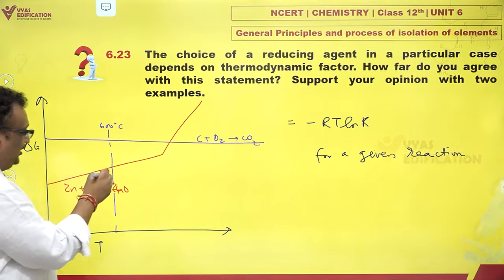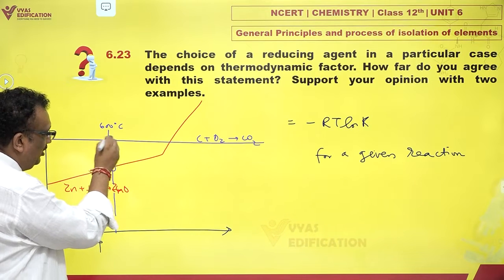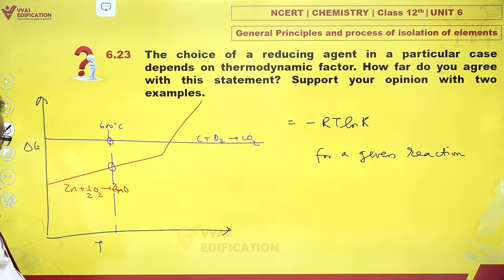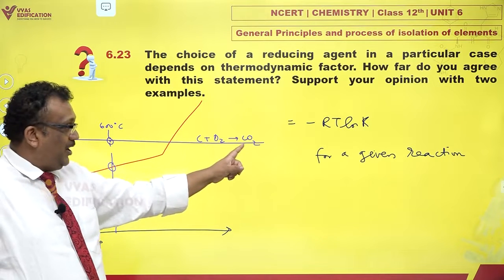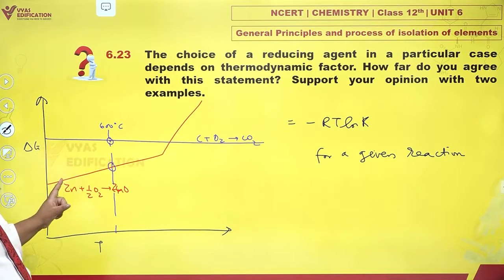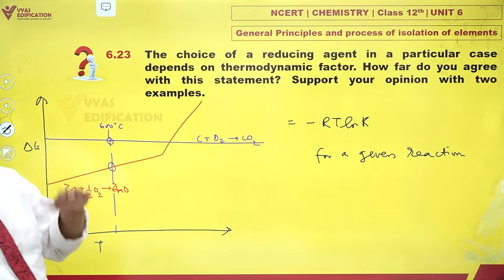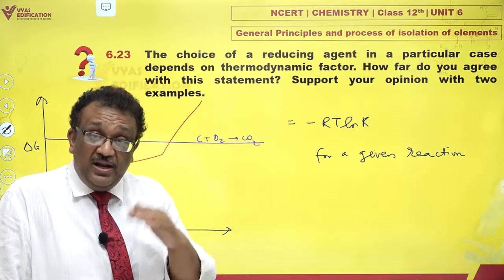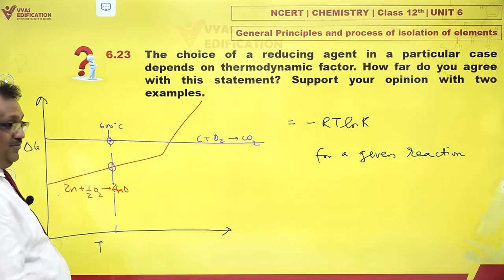You find that the position of zinc is lower in the graph as compared to carbon. Now, there are two possibilities. Can zinc reduce carbon dioxide to carbon, or can carbon reduce zinc oxide to zinc? Lower the position, more negative is delta G for formation of the relevant substance.